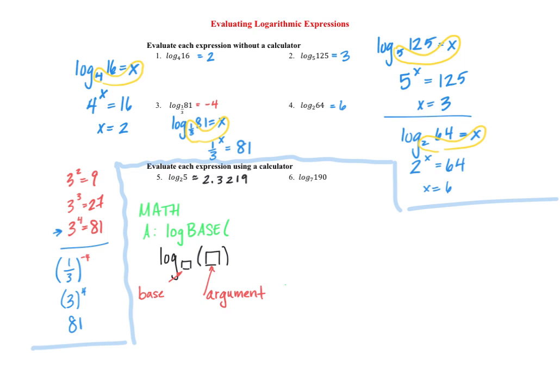Let's try the same thing with number 6. Again, I'm going to push my math button. I'm going to arrow down or arrow up to A with the semicolon. If I push enter, again, it looks like the same notation as it did for the other one. So when I plug my values in there, I'm going to enter 7 for where the base is and 190 for where the argument is.